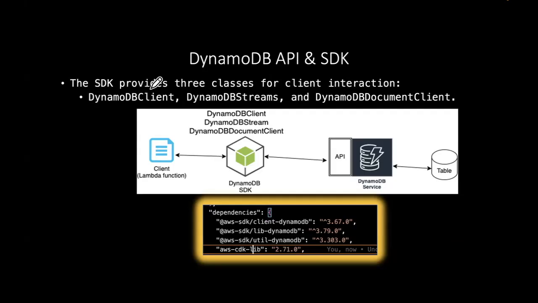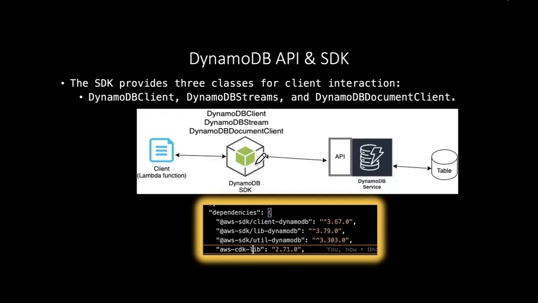So we establish a connection with DynamoDB, but then in order to communicate with DynamoDB, we create an instance of this class, but we pass it a reference to the instance of this one. You could talk to DynamoDB directly using this class, but it's quite low level and more granular, whereas this is at a higher level of abstraction and easier to use from a programmatic point of view.